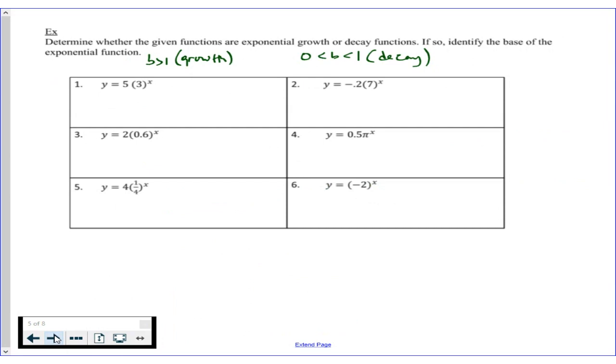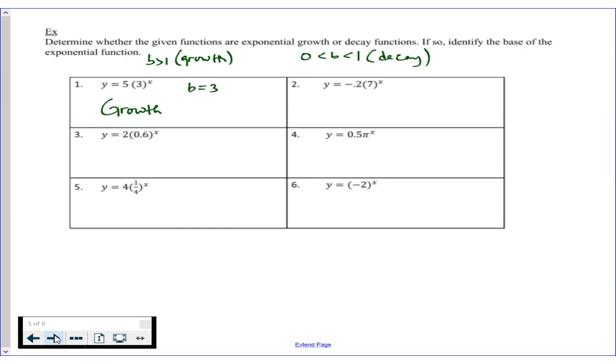Number 1, is it a growth or a decay function? Yes, this is a growth function because b is equal to 3, which is greater than 1. Good.